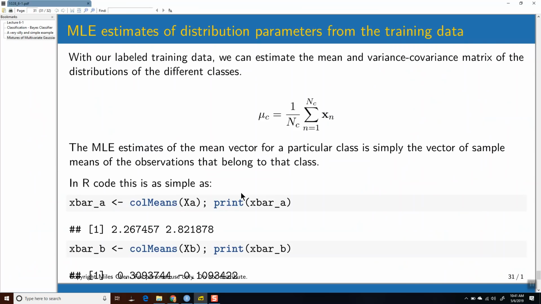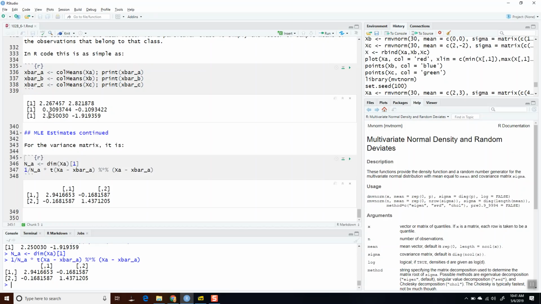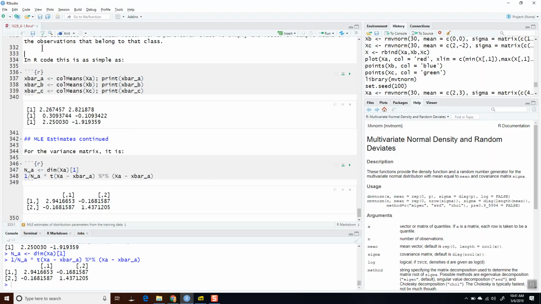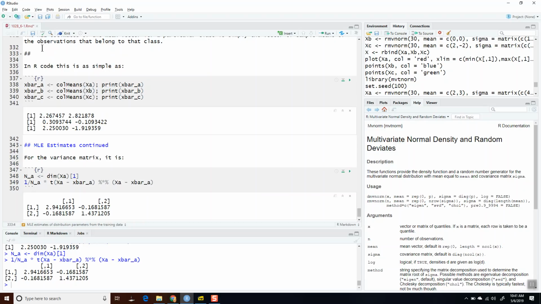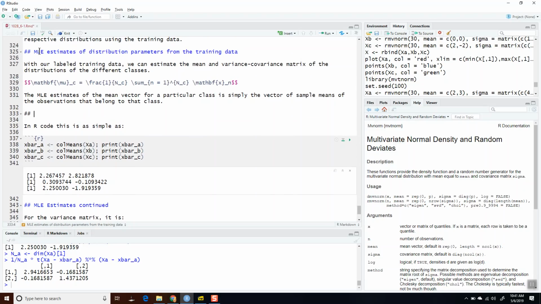And lastly, for class C, the true values are 2 and negative 2, but we get 2.25 and negative 1.9. So we're getting something close, but it's random data, so we get something similar but slightly different. These are our maximum likelihood estimates.